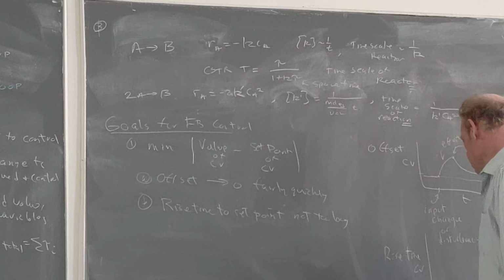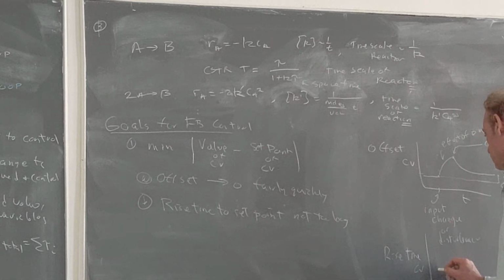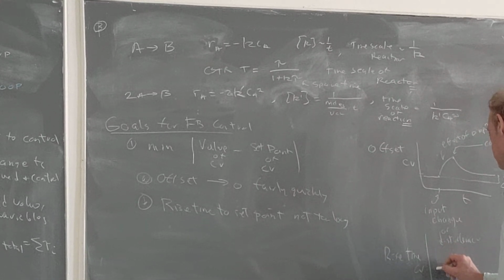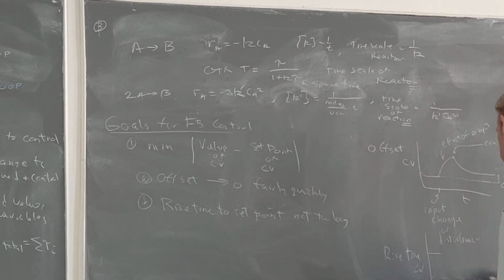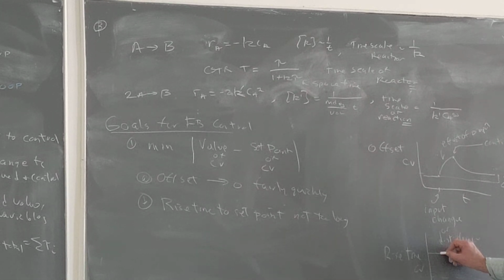Again, the control variable versus time. And let's say the set point is down here. And I have some sort of disturbance. So things sort of got disturbed. The disturbance is here, and I was going along down there, and now I'm way down here, and the controller comes.